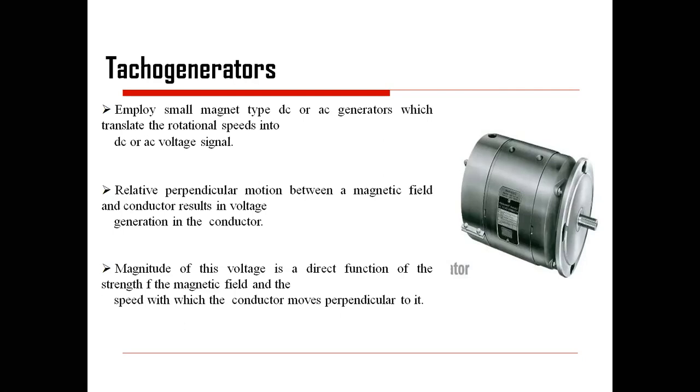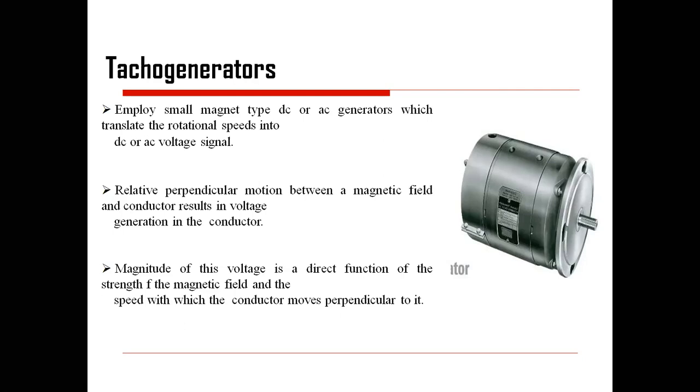Direct current or alternating current generator. But the means of generation of the output is that the input is motion, and based upon that motion the output is generated. Now if your motion is less, the output generated will be less.